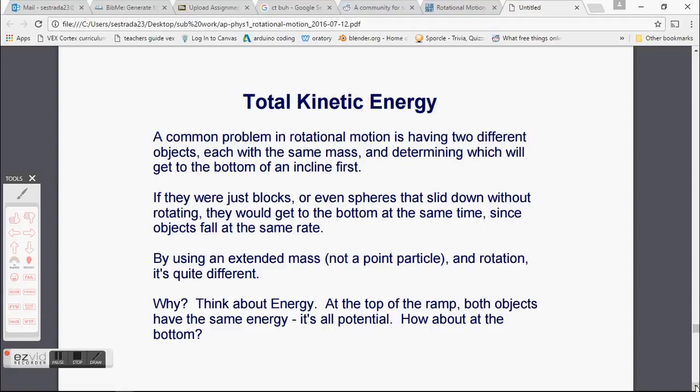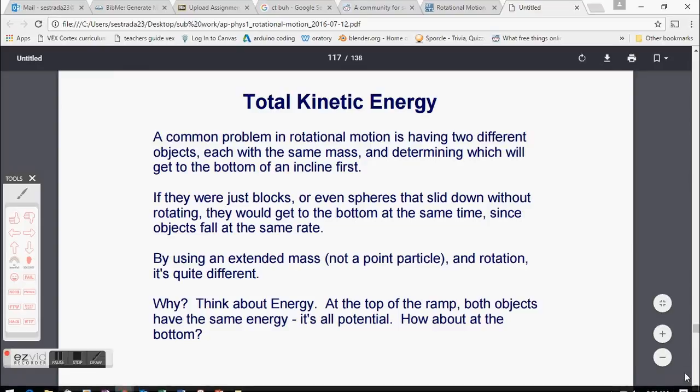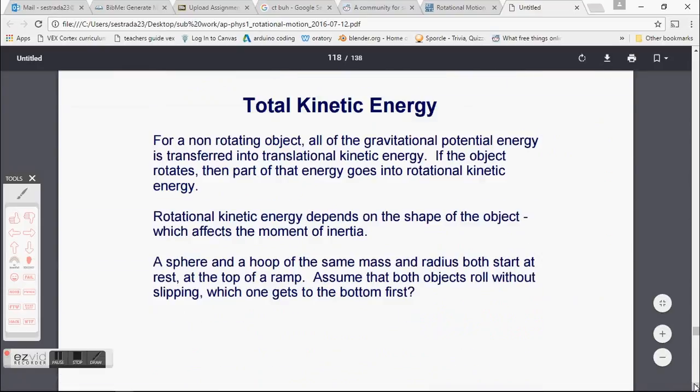So bigger acceleration, starting from the same initial velocity at the same amount of time, means the one with the least amount of rotational inertia is going to have a bigger velocity because it has a greater acceleration. So you know how to answer this question with kinematics and dynamics, but let's look at it from an energy point of view. And again, the big ideas are still there.